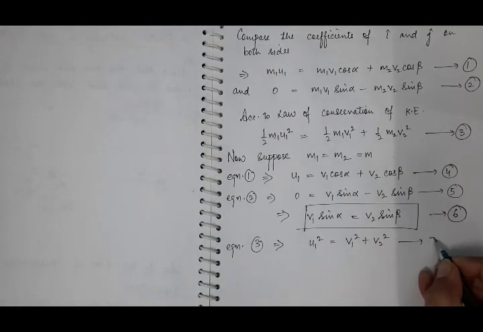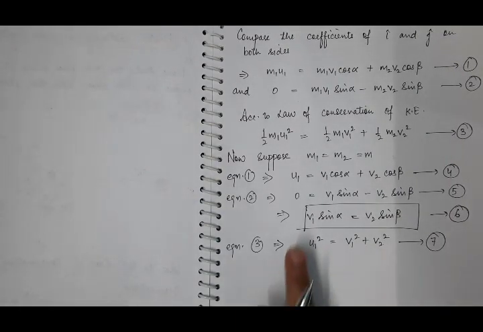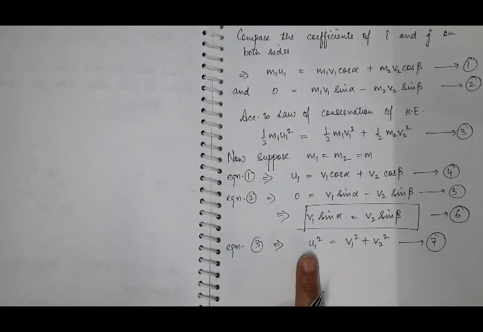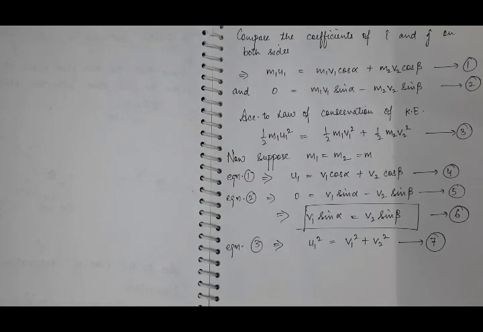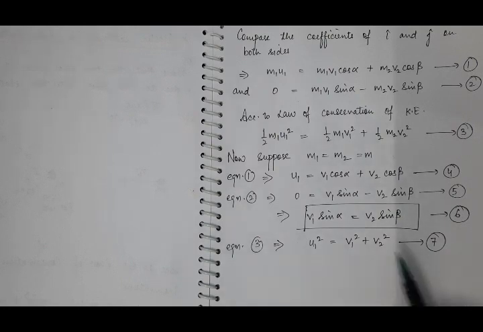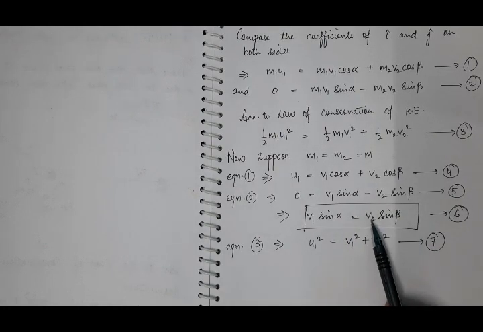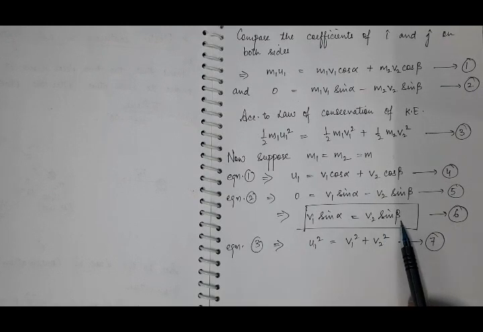And suppose this is our equation 7th. Now in equation 6th, we have this v2 sin beta.